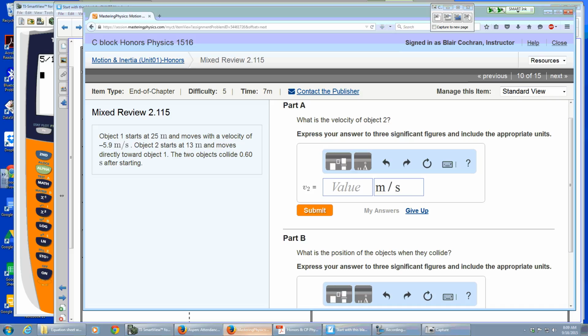Now you guys have some different numbers for this, correct? Or are these your same numbers? You have this one open? So what do you have? Are your numbers 25, negative 5.9, and 13?